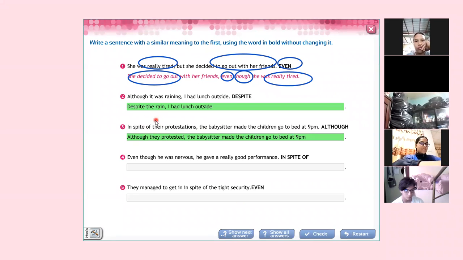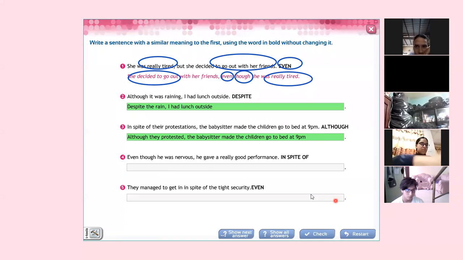Although they protested, the baby sister made the children go to bed at 9 p.m. Remember that you are going to use these words with similar meanings. You make some variations, but you don't alter it. Please copy the information, copy the words, because you will use those on the platform.